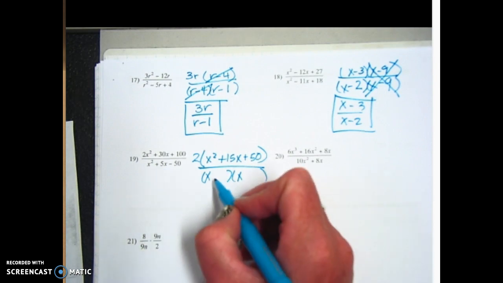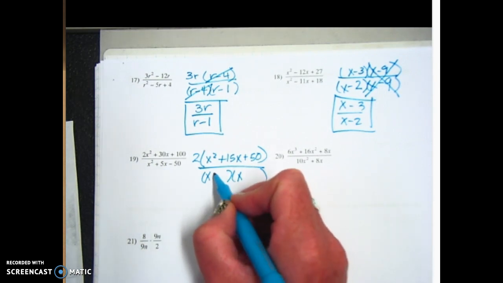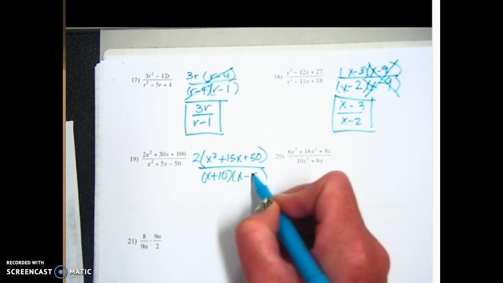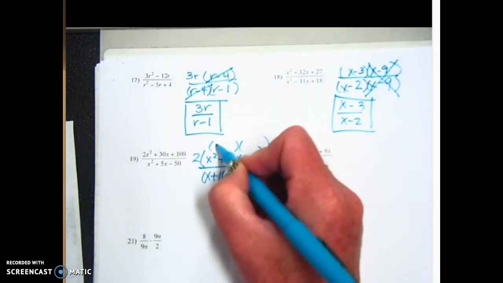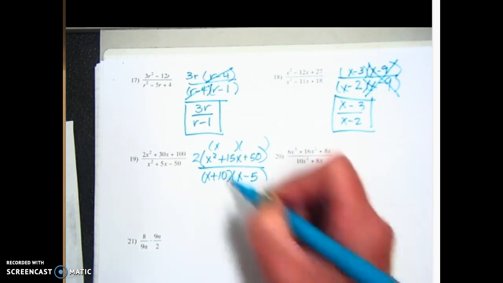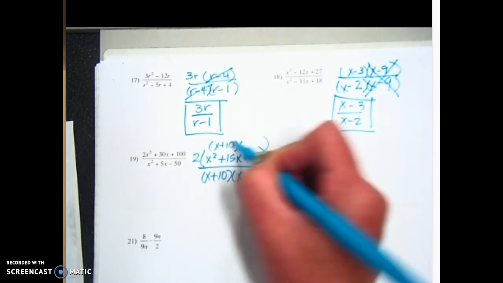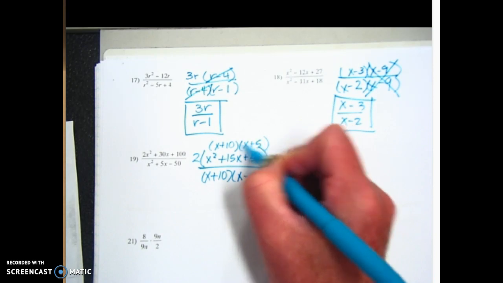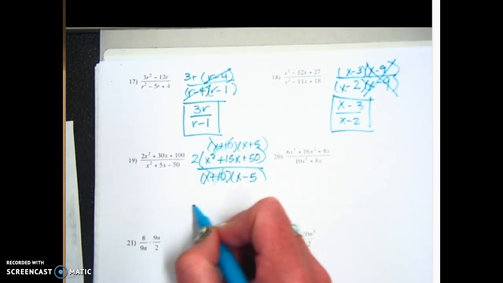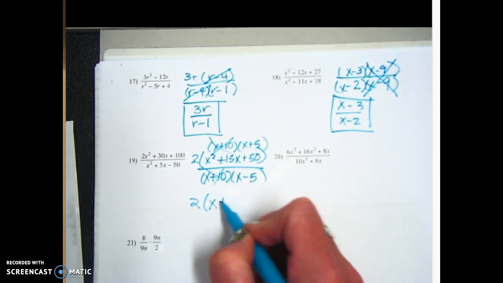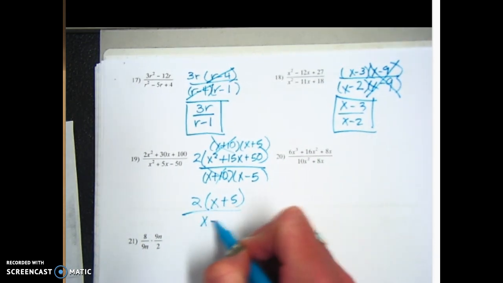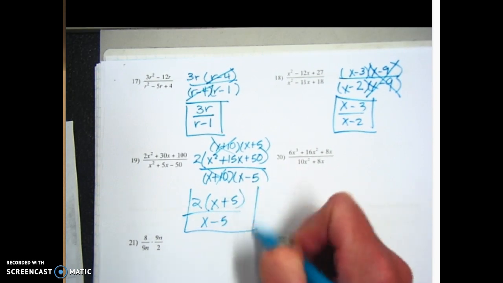That'd be 10 and 5, so it should be x plus 10 and x minus 5. And then this trinomial factors to x plus 10 and x plus 5. So the x plus 10s cancel, and we're left with the 2, don't forget the 2, and the x plus 5 in the numerator, and the x minus 5 in the denominator.